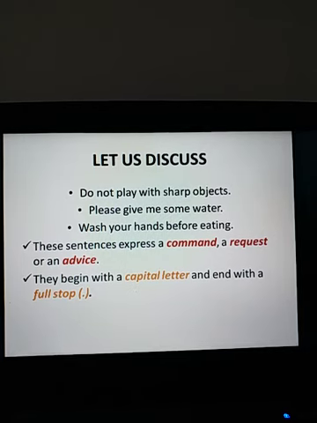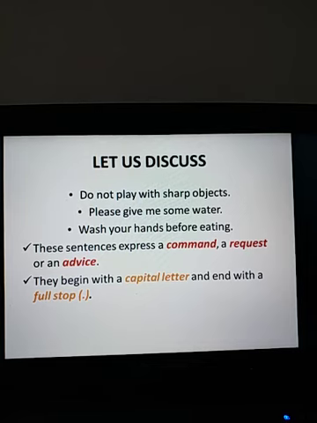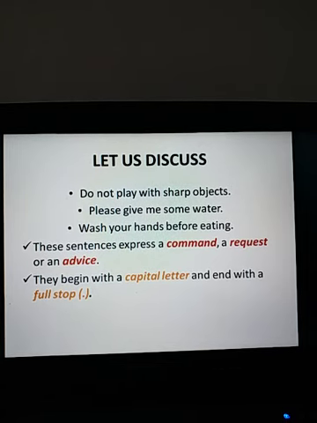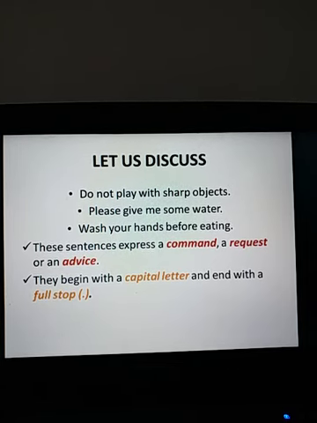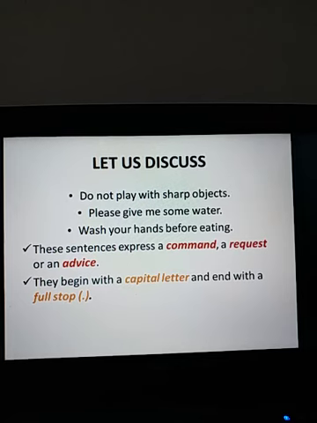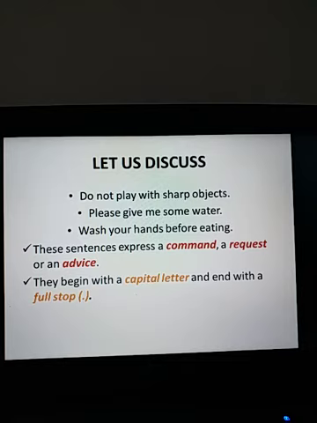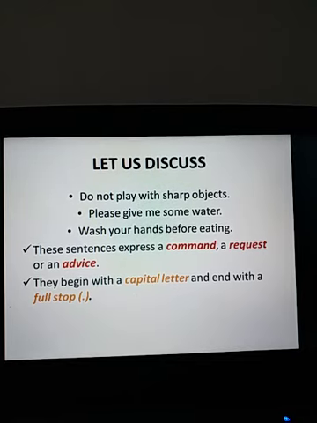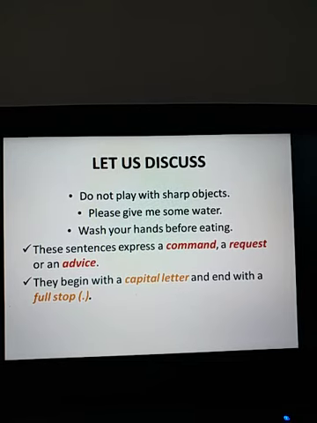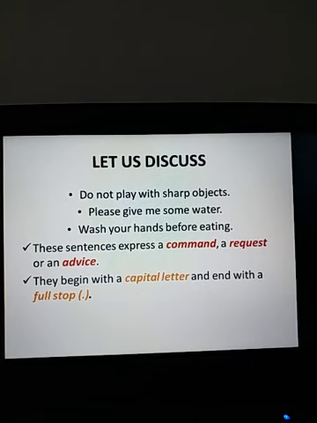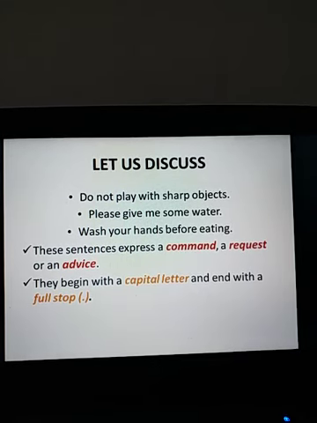Now, how are these sentences different from assertive sentences? Now, students, you remember assertive sentences also end with a full stop, yes? And these sentences, as you can see on the screen, also end with a full stop. But an assertive sentence states a fact or gives some information.